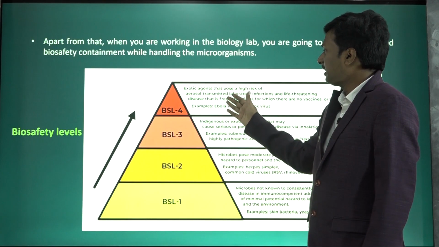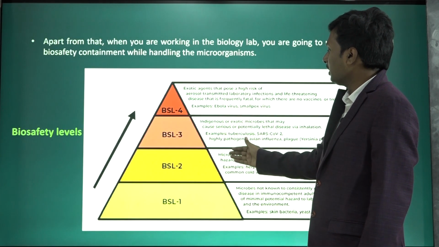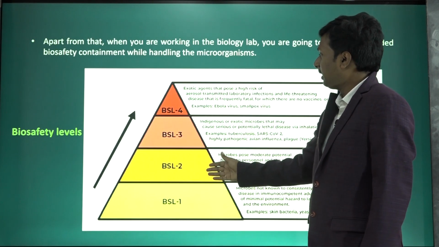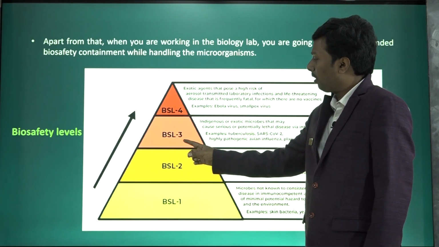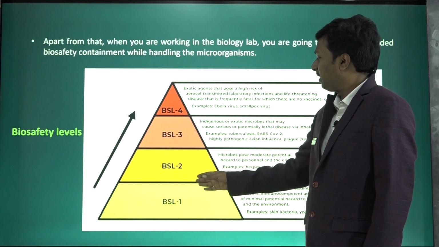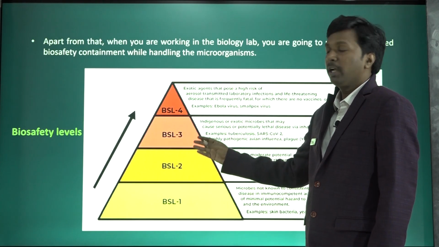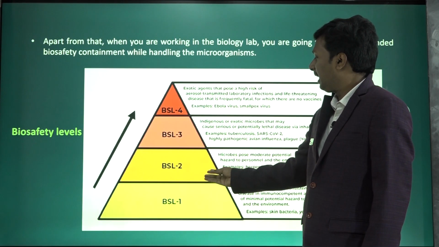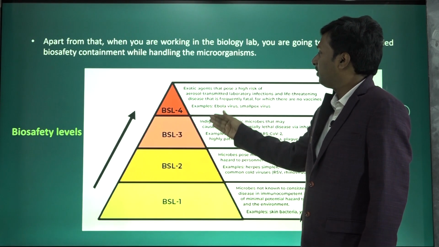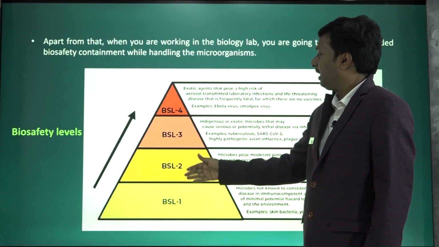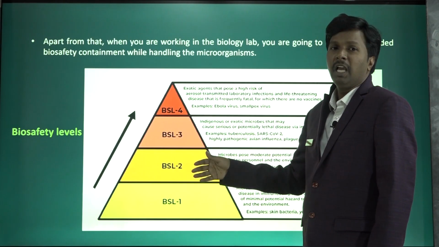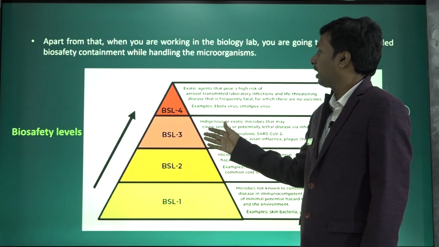Here you see the picture: biosafety levels 1, 2, 3, 4. The image shows an arrow from up to down, indicating the risk of microorganisms from low level to high level. For example BSL level 1, then 2, 3 and 4. The levels show the lowest risk microorganisms versus the highest risk microorganisms.